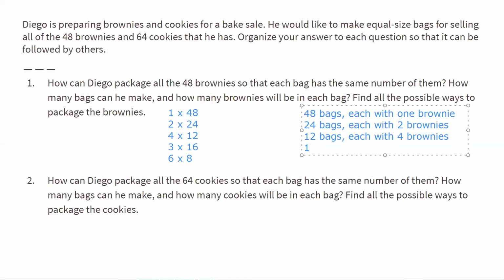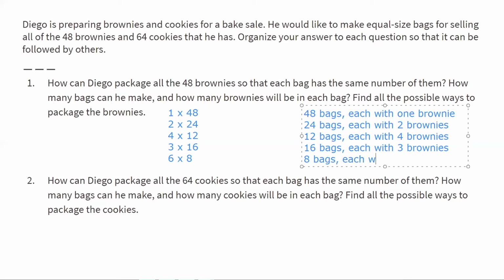Or 16 bags, each with 3 brownies. 8 bags, each with 6 brownies. Or even 6 bags, each with 8 brownies. Or even 3 bags with 16 brownies. Or 2 bags with 24 brownies. Or 1 big ginormous bag with 48 brownies. So there's so many different combinations right here.